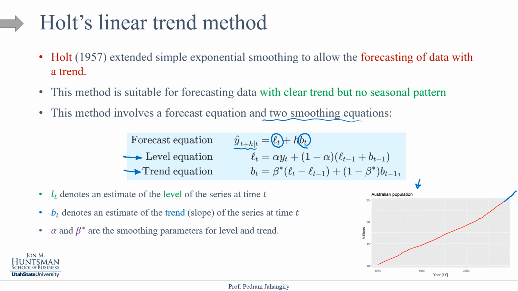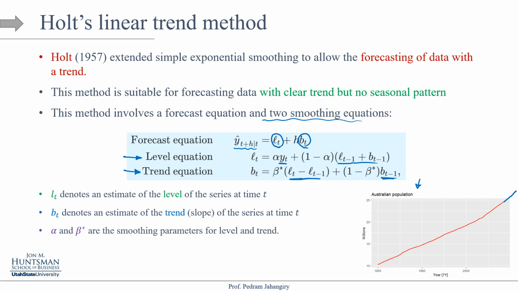Okay. What is a level equation? So both level and trend equations are simple weighted averages, right? A level equation is a weighted average between this observation and the previous level plus trend. Trend is weighted between this slope and the previous trend, right? So again, this is pretty straightforward.